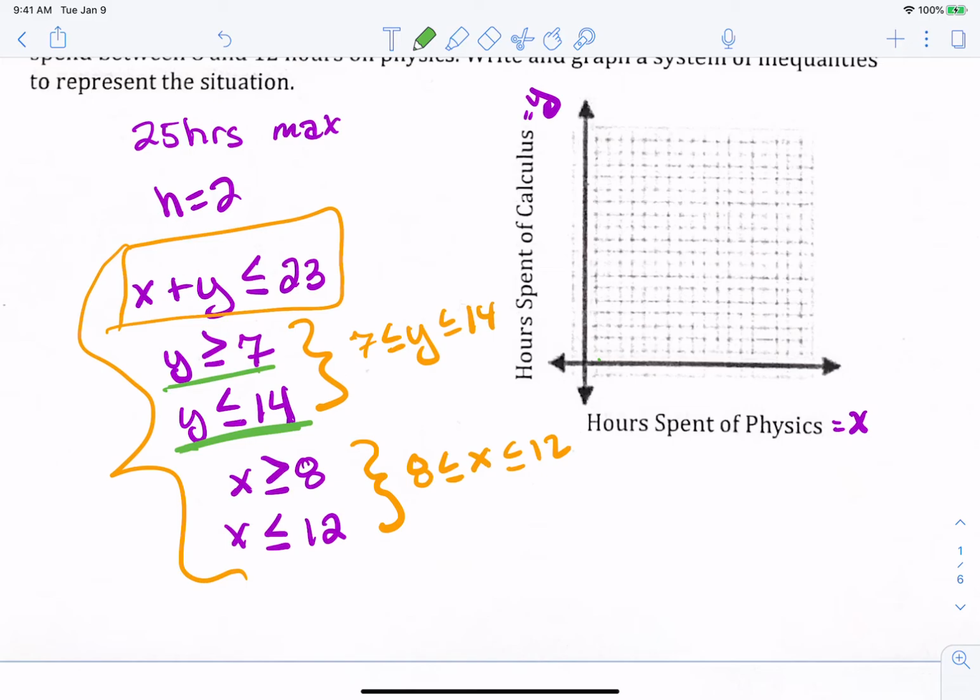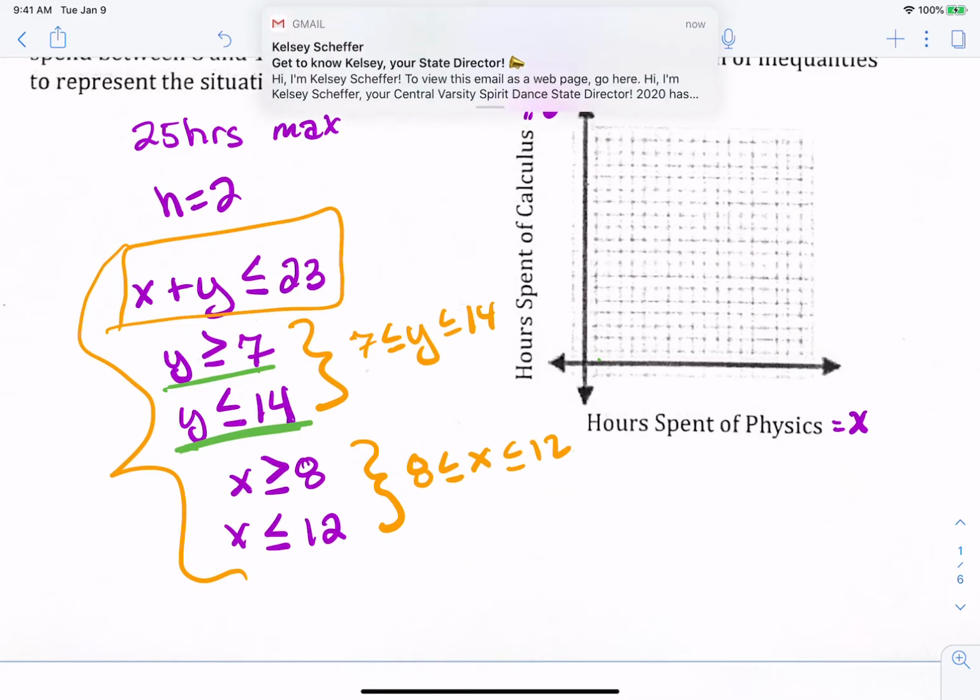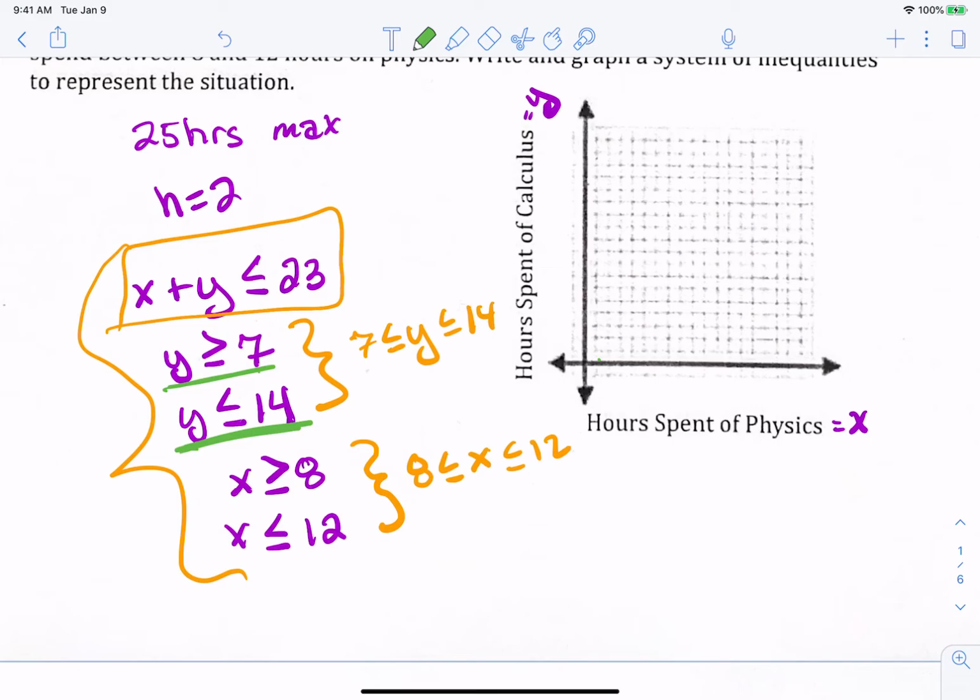If we're graphing Y is greater than or equal to 7, what does that look like? You're going to have a horizontal line at 7. 1, 2, 3, 4, 5, 6, 7. Should it be solid or dotted? Solid. There's my solid line at 7.